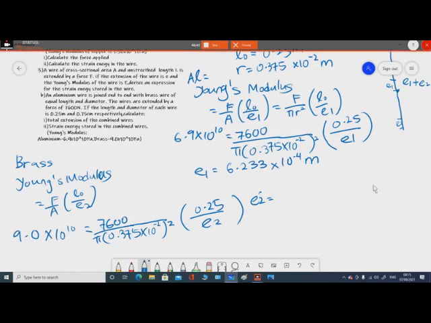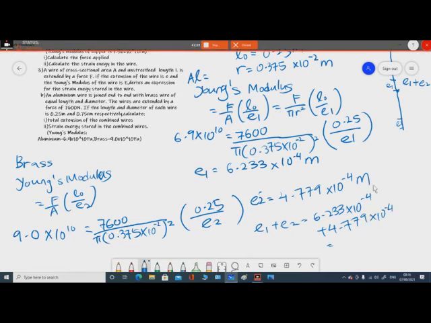So our E2 is 4.779 times 10 to the power of negative 4 meters. Our E1 plus E2 is 6.233 times 10 to the power of negative 4 plus 4.779 times 10 to the power of negative 4.